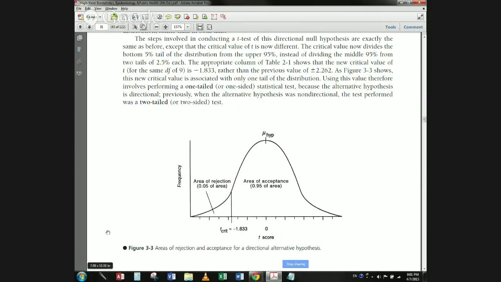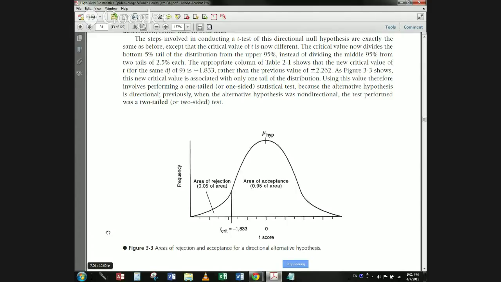Instead of dividing the middle 95% from two tails of 2.5% each, the appropriate column of table 2.1 shows that the new critical value of t for the same df of 9 is negative 1.833 rather than the previous value of plus or minus 2.262. As figure 3.3 shows, this new critical value is associated with only one tail of the distribution.